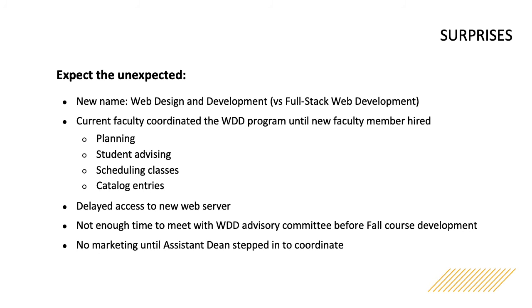So we did a lot of planning and student advising and recruiting and scheduling classes and updating catalog entries. The web server was delayed over and over again, and we didn't get access to it until about a month before the term began. There wasn't enough time to meet with the advisory committee one more time before we did fall course development, and no marketing efforts were made until the assistant dean stepped in to coordinate them.